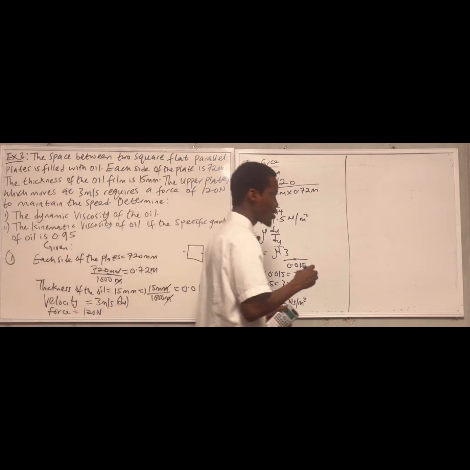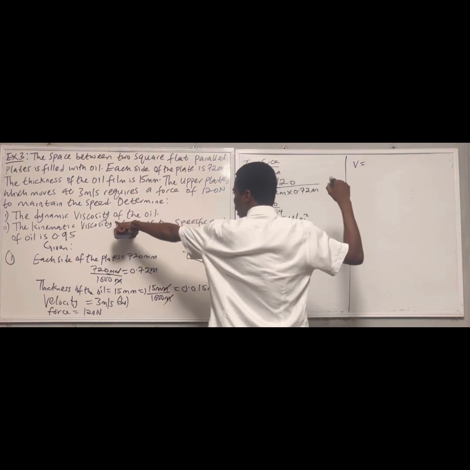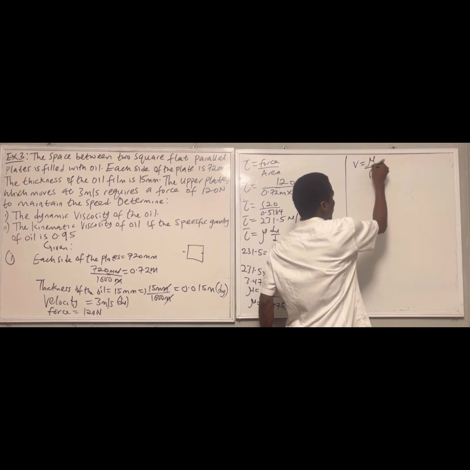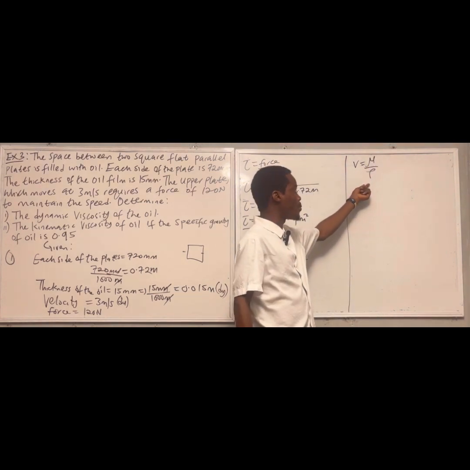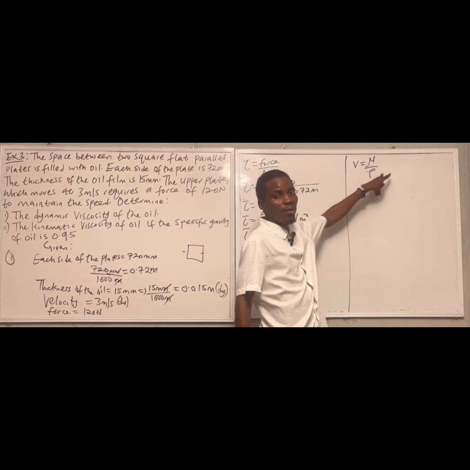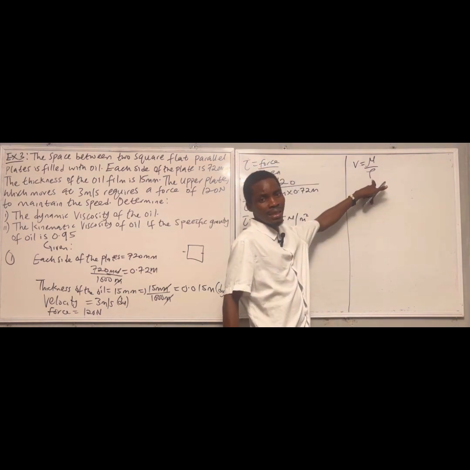So the kinematic viscosity, denoted by V, is the dynamic viscosity, mu, over rho, the density of the oil. So for me to calculate this, I have to find my density first.